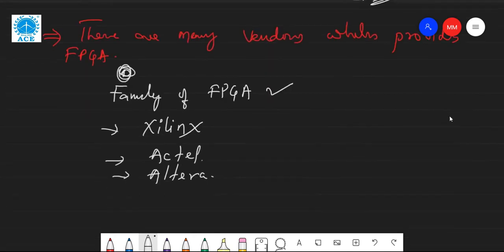The functionality will be the same, but the physical design is different. Each and every vendor has a different physical design.